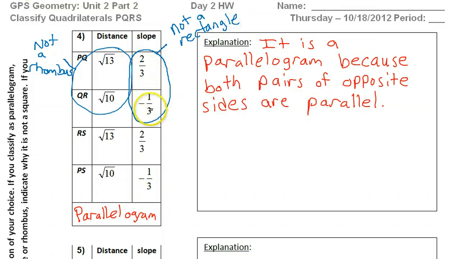Okay, by circling these slopes and saying it's not a rectangle, I'm going to believe that you mean that you recognize that these slopes should be opposite and reciprocal, and they're not.